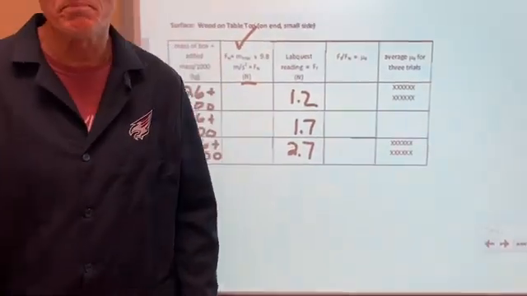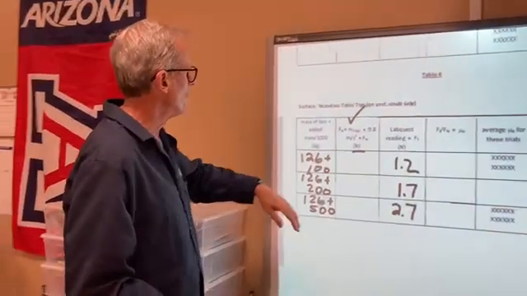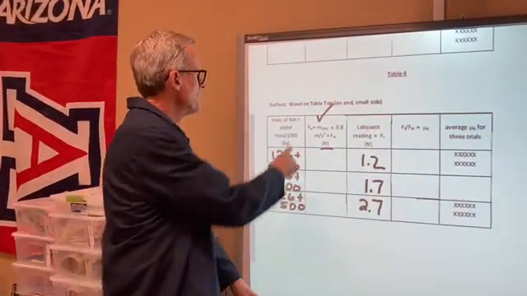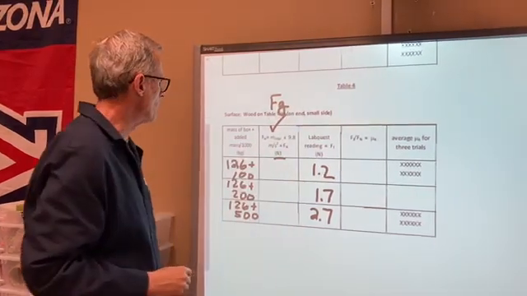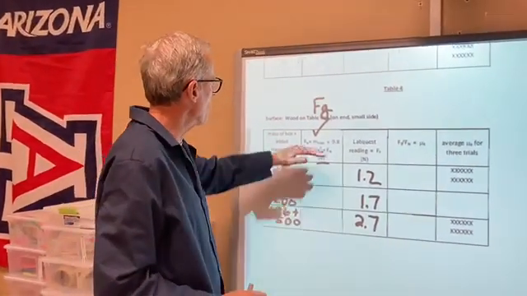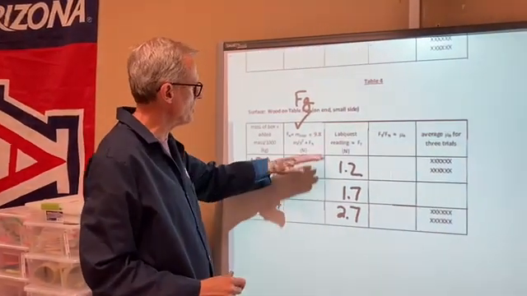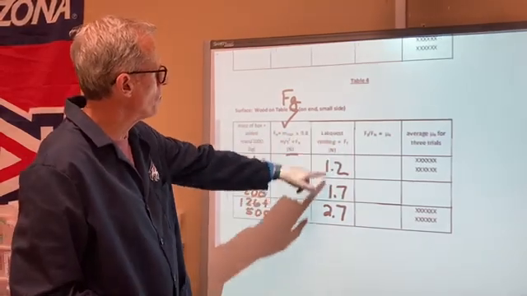Okay, that's it. Now you have all your data. You're going to calculate first. This says FW, but in this class, this is FG. This is the gravity force acting on the box with the weight on it. You can calculate that. Once you have the FG, you know this is the pulling force.